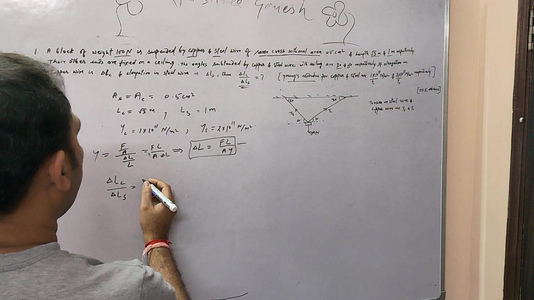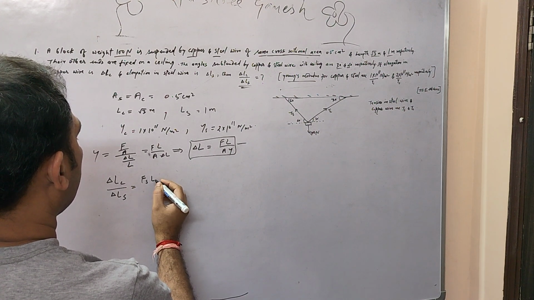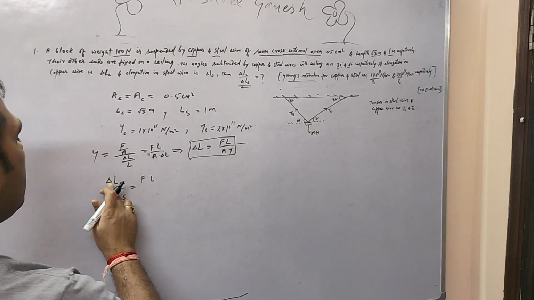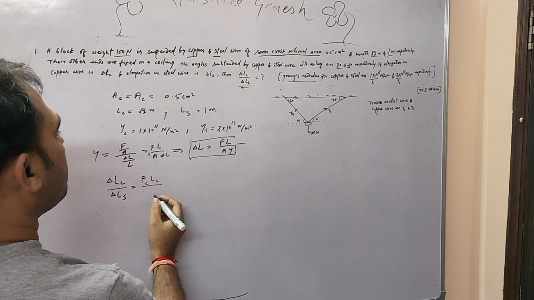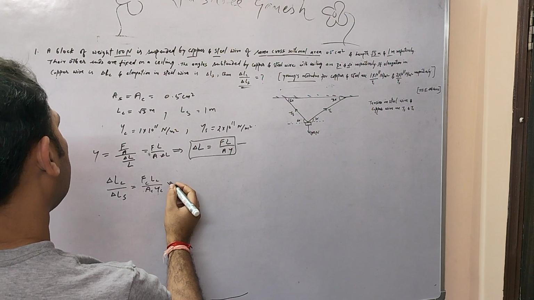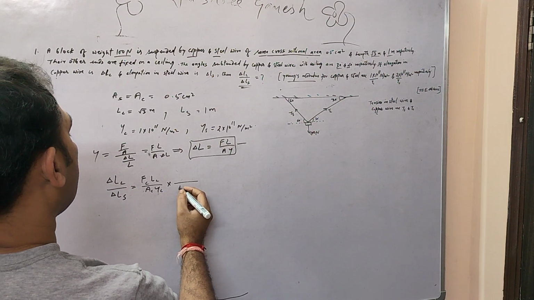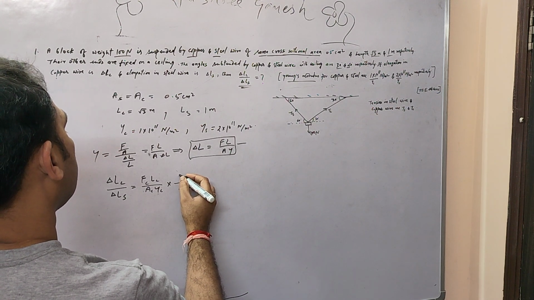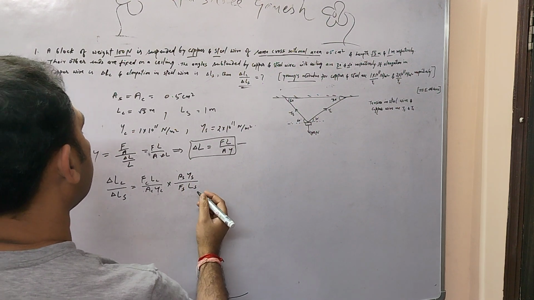So this will be equal to, just delta LC will be FC LC upon AC YC, and delta LS will be FS LS upon AS YS.